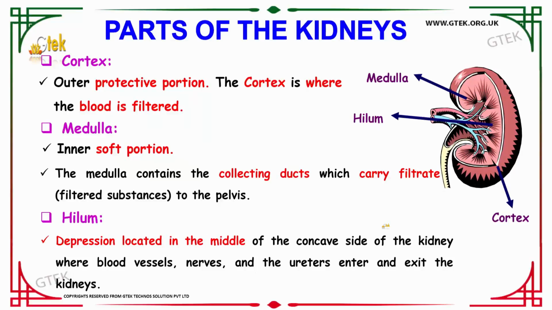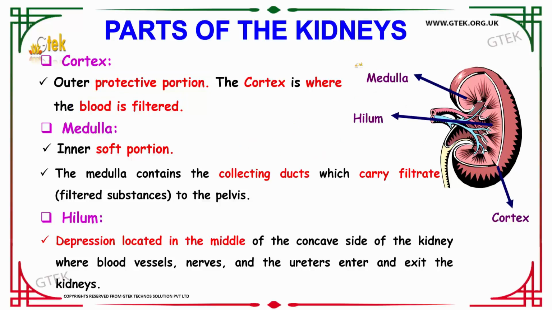Next we are going to see the parts of the kidney in detail. Cortex is the protective portion, and the cortex is where the blood is filtered. So this region is where the blood is filtered.